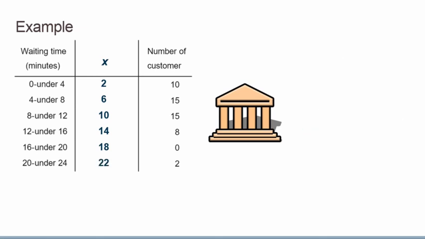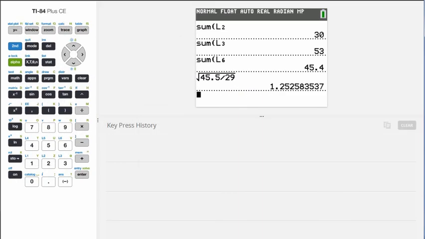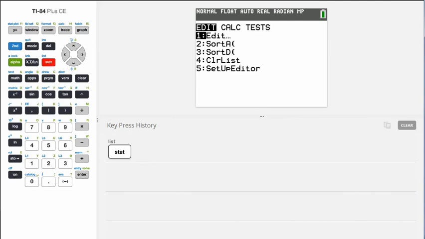So now I'm ready to use my calculator to help me find the standard deviation. I'm going to type x in L1 and the frequency, number of customers, in L2. Pressing the Stat button, we want one, Edit, enter.